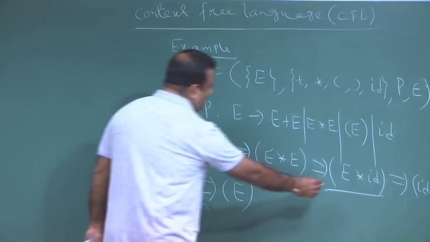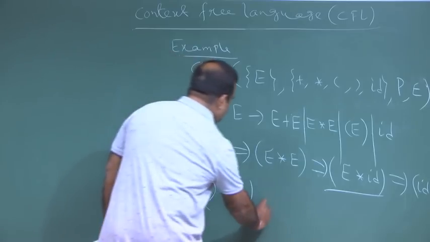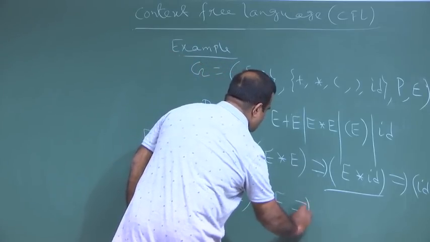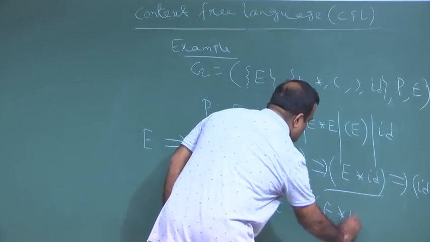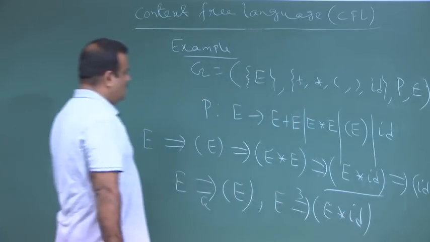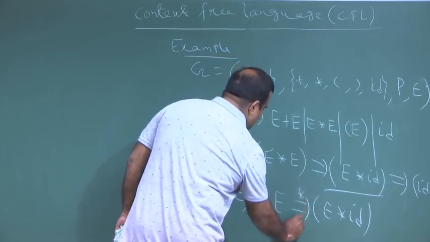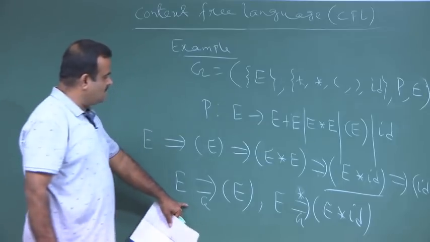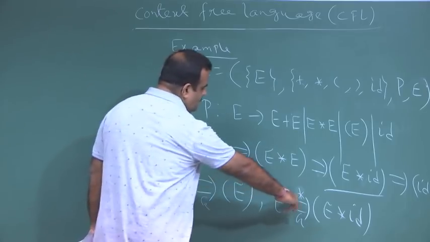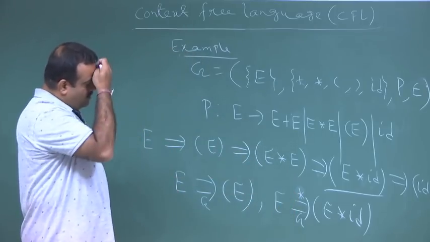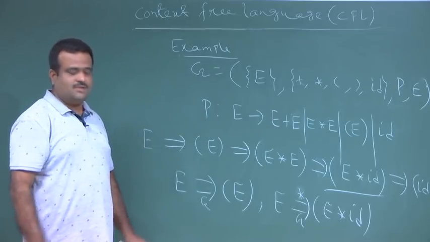Now, this is derived in 3 steps: 1, 2, 3. This is 4 steps. In general we can write star G, where G means the grammar rules. By these rules we are deriving this. This star means that we can derive this from the starting variable in zero or more steps. That is the meaning of star.